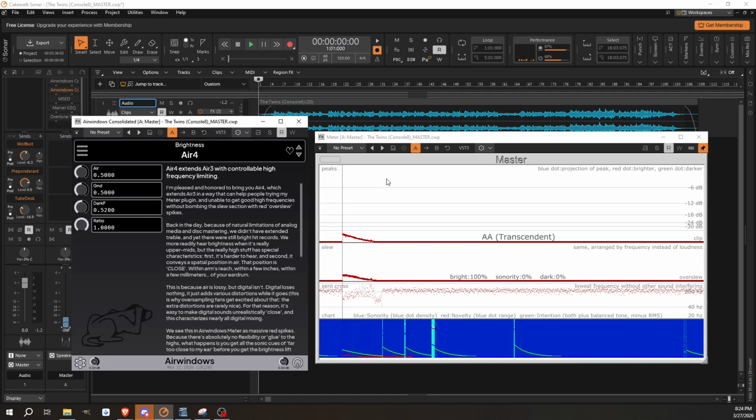Now, I'm going to begin playback, and I'm going to do what I just did. As a matter of fact, without even looking at the numbers, just looking at meter. I wasn't even paying attention to the numbers that I was dialing in Air4. Just by looking at meter and adjusting the knobs while I was looking at meter, I ended up at the same settings that I had this set to.